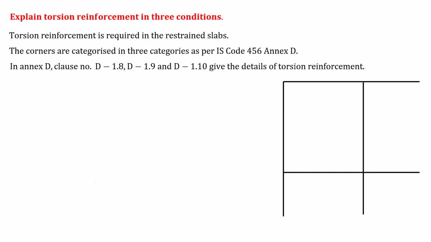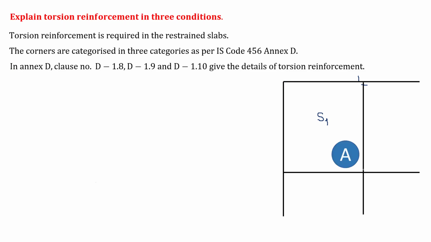Now I will consider this slab as S1, and I have different types of corners in this. I have this corner with both ends discontinuous, or this corner where one edge is continuous and the other edge discontinuous, and this where both edges are continuous.